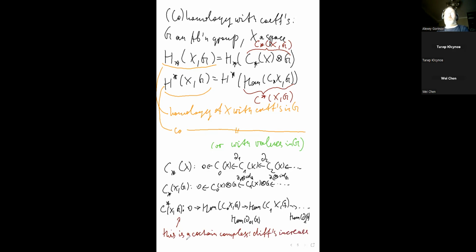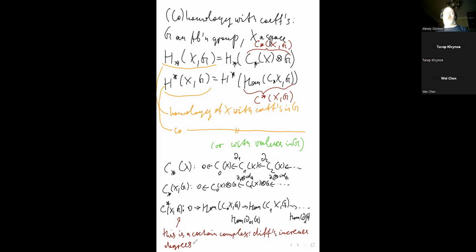I'm confused about the notation for the cochain complex here. Shouldn't it be Hom of differential 1 in the first place?